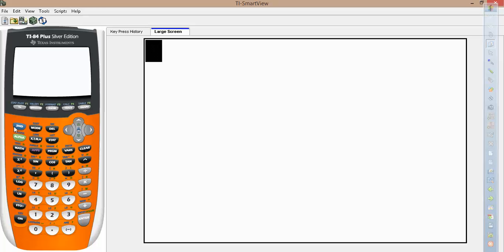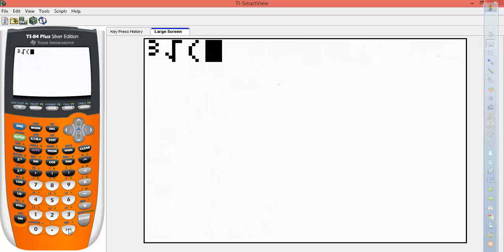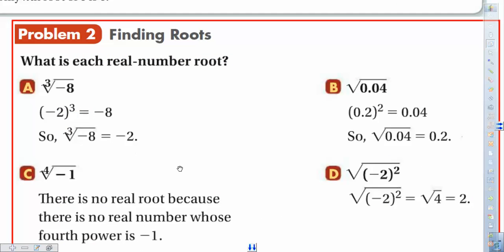Remember, negative roots are okay if the index, what we call that number up there, is odd. So a cube root of -8, think of it this way, doesn't it make sense that -2 times -2 times -2 would make a -8?